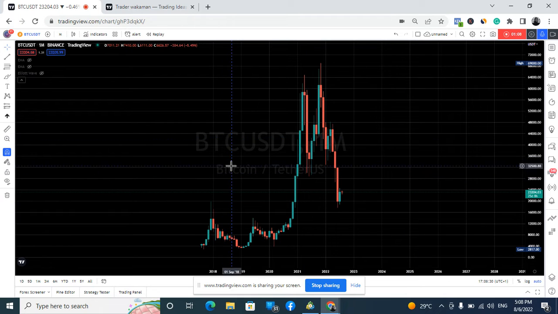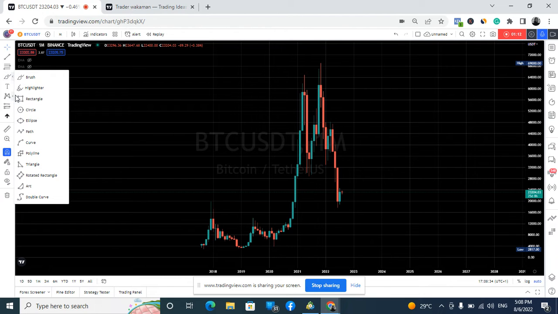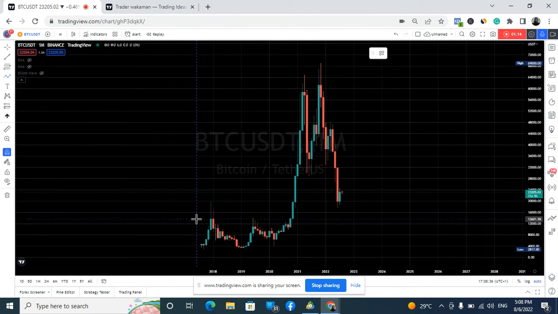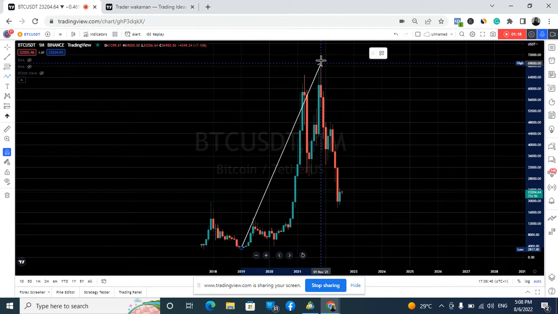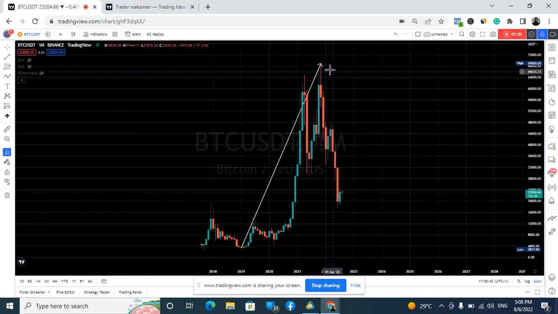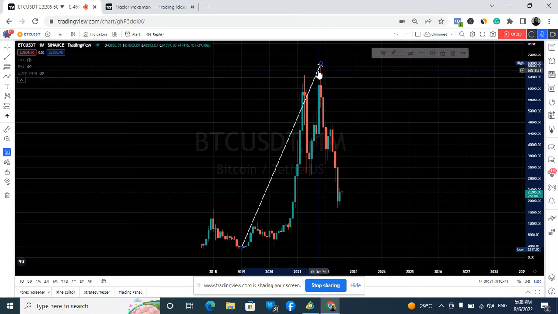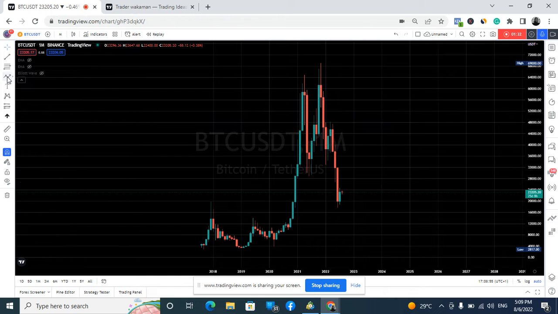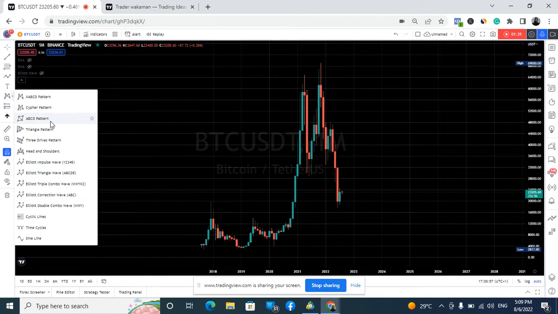If we look at the market, we see that the market starts a movement from this zone right here down to the side, and from there it pulls back down to this zone here. If you look at the structure, it acts as if this is an Elliott wave.